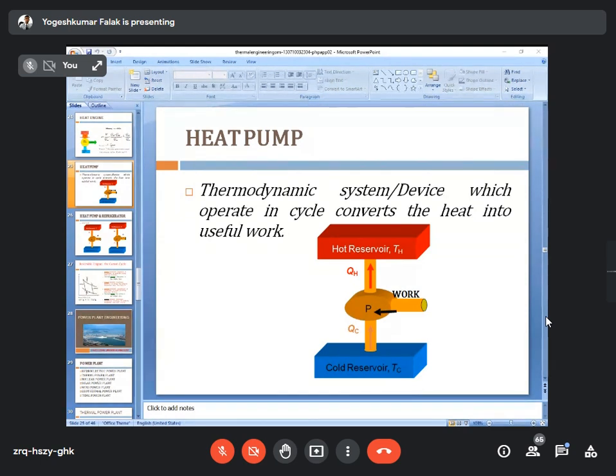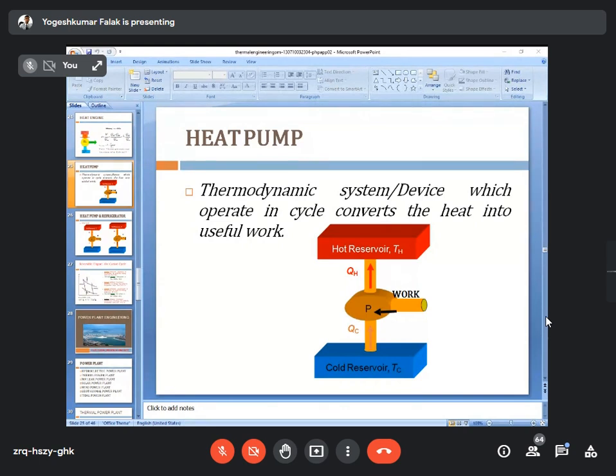Secondly, the house is losing heat at a rate of 60,000 kilojoules per hour. As you see in the figure, one arrow comes out from the red hot reservoir and shows it is losing heat from the hot reservoir to the surroundings at the rate of 60,000 kilojoule per hour.